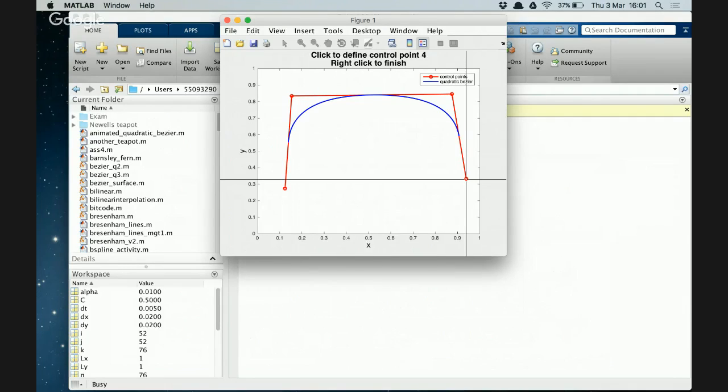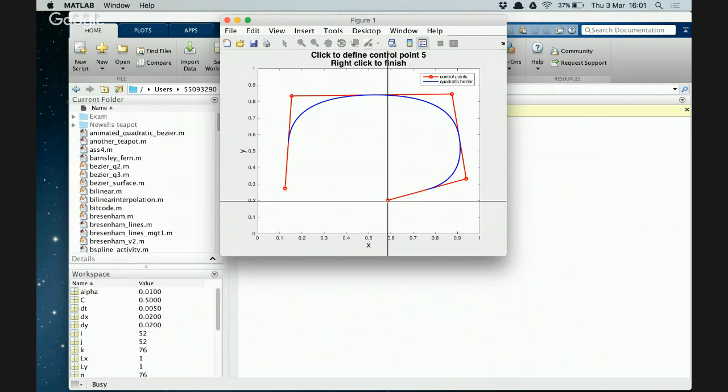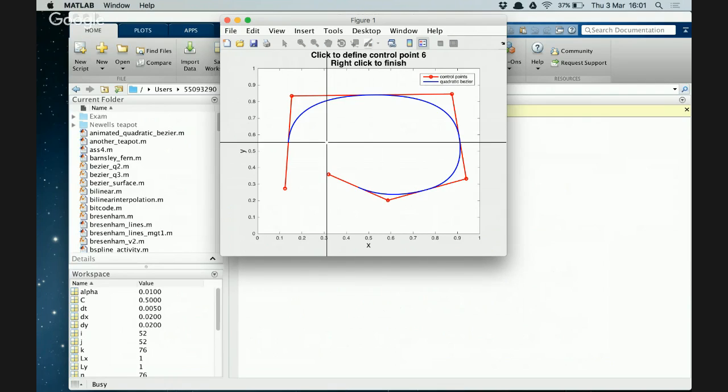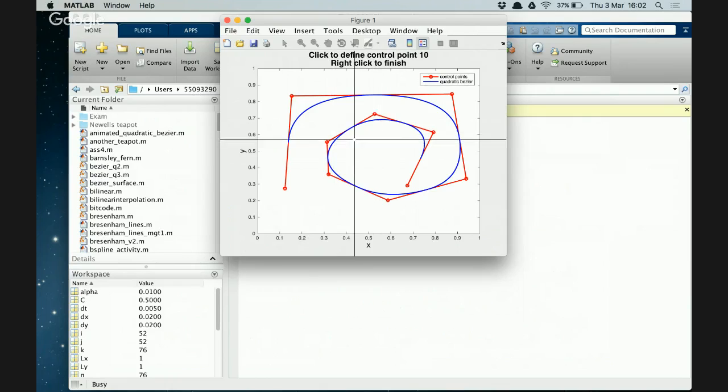If I click another control point, I'm adding another control point, and that blue curve follows it around. I can just keep clicking as much as I want, and that blue curve keeps getting defined. So rather than having a very high degree Bezier curve, I've only got a quadratic B-spline, but I'm having lots of Bezier curves one after the other.